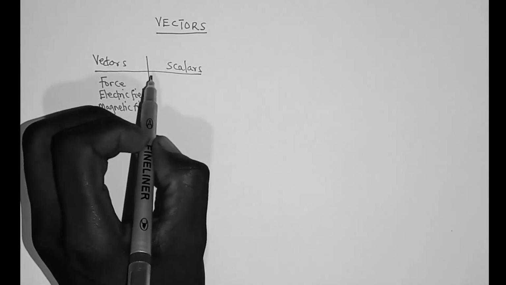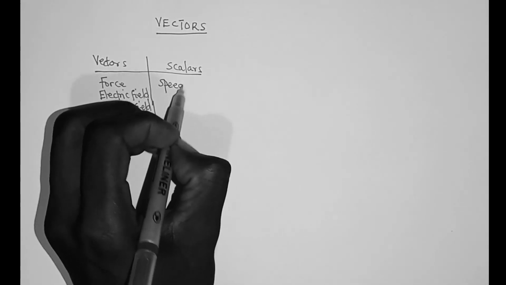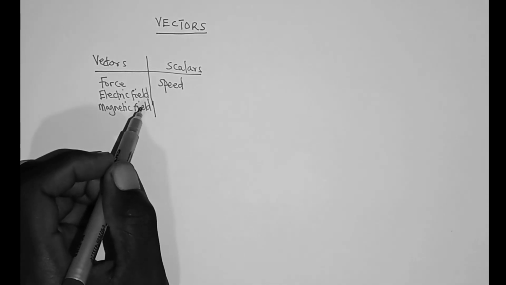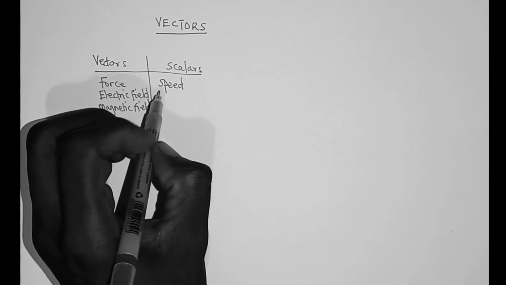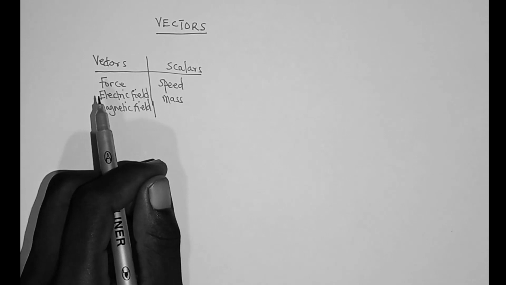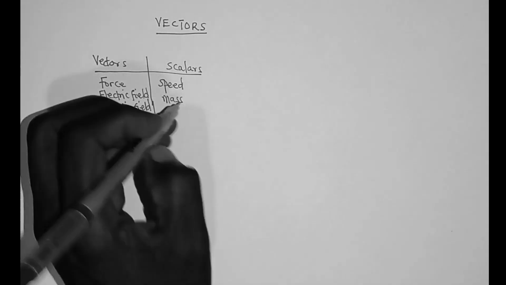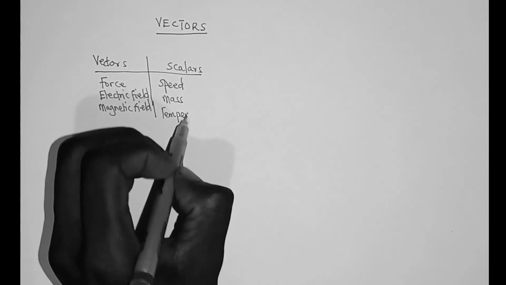Then examples of scalars: we have the speed. The speed is only a magnitude. It doesn't have direction. The mass of an object is also a scalar quantity. Also temperature. The temperature of an object is also a scalar quantity.